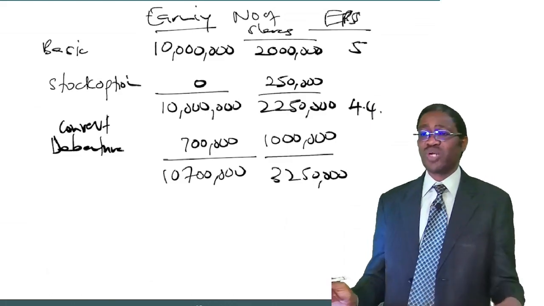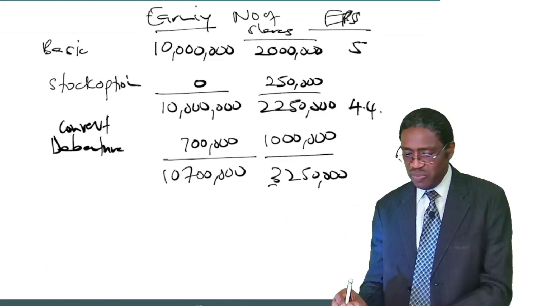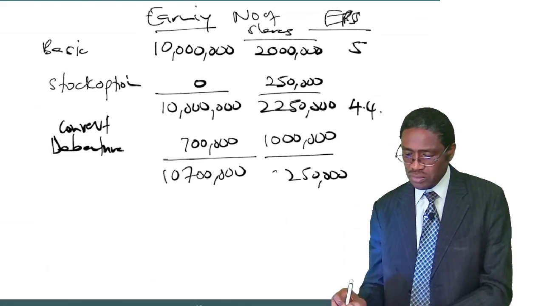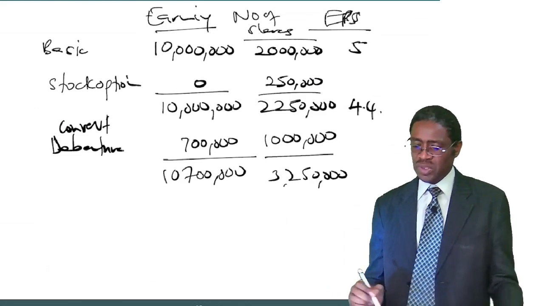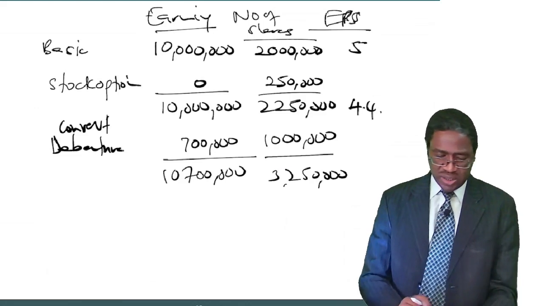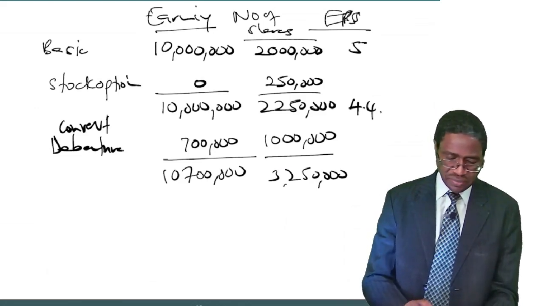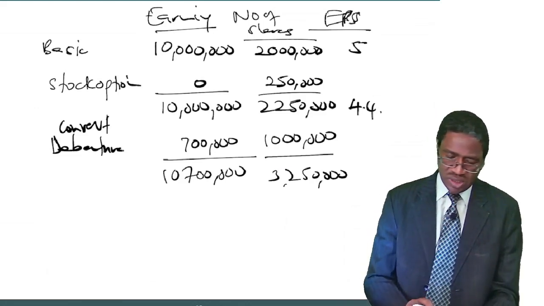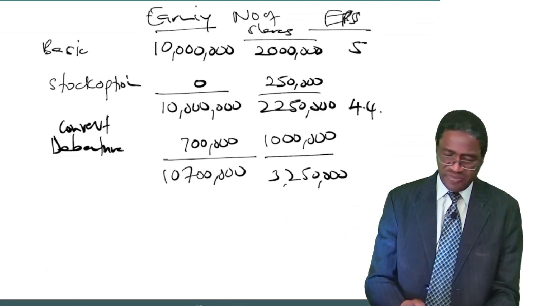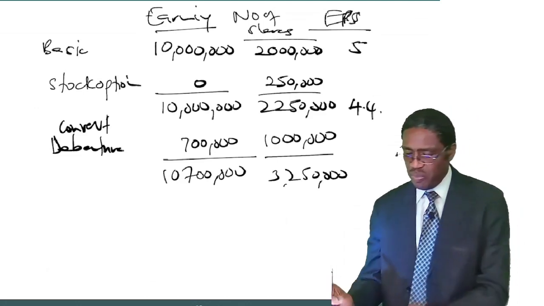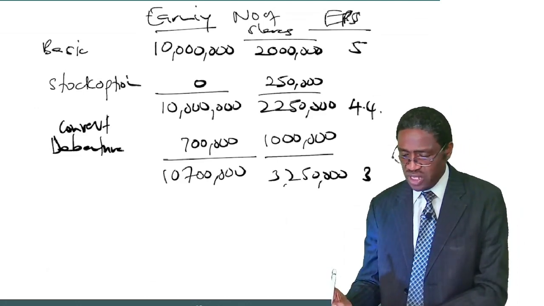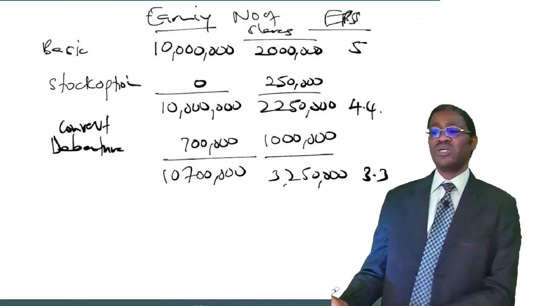Let's compute what we are calling the diluted EPS now. That is 10,700 divided by 32.50. That gives me an EPS of 3.3 to 1 decimal point.